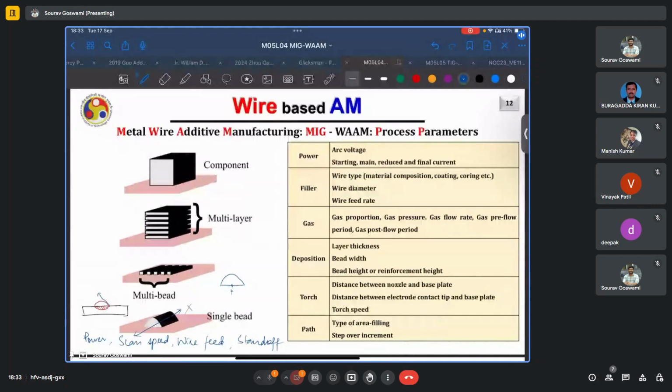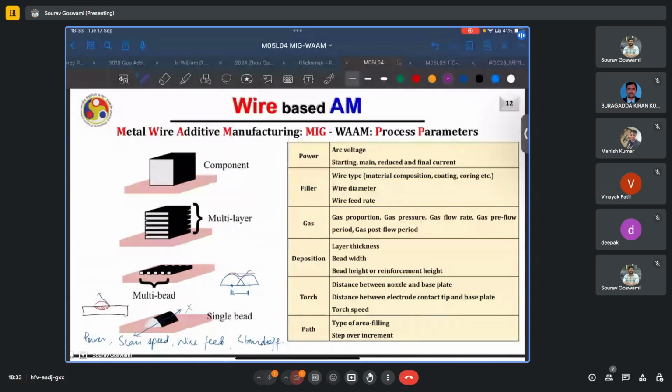And that will, of course, decide the overlap. And based on varying the step over or the hatching distance, you will end up with different characteristics. So, say in some cases, you may end up with a surface which is almost flat, whereas in some other case, you might end up having these large undulations.